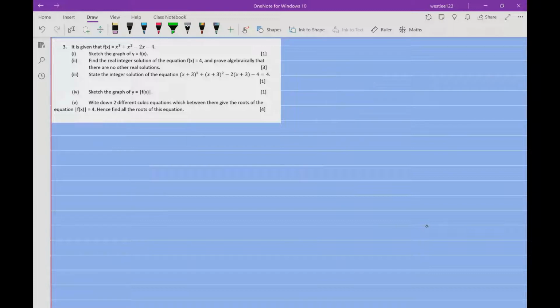Okay, let's look at the next part. Part 3. State the integer solution of the equation.